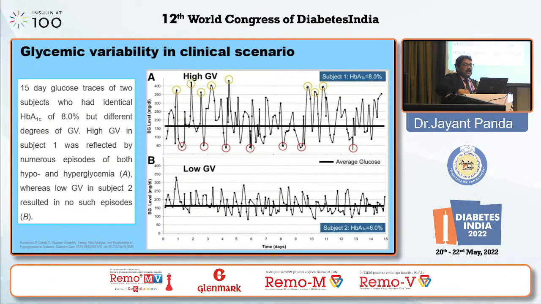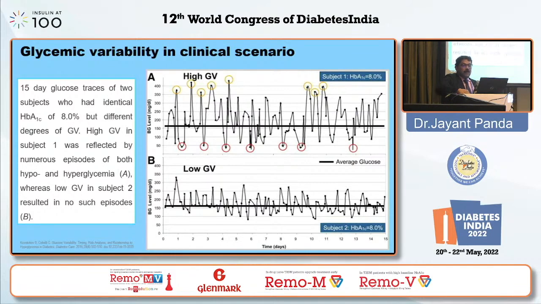You can see in this picture two subjects, subject 1 and subject 2, with A1C 8. The fluctuations are very high in the first subject, whereas the second subject has a very narrow fluctuation, and there is more hypo- and hyperglycemia in the first subject. But from A1C, you cannot know that the patient has undergone this much variation. That's why glycemic variability came into the picture and is gaining popularity.